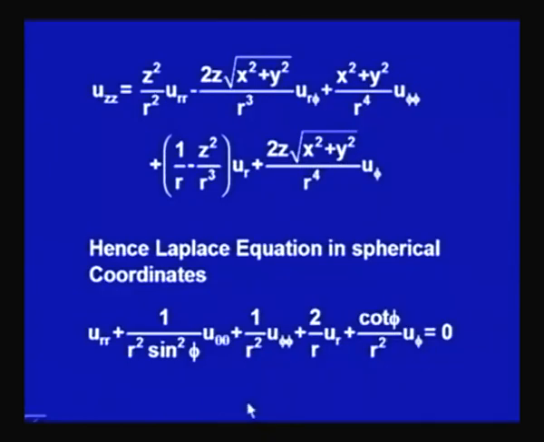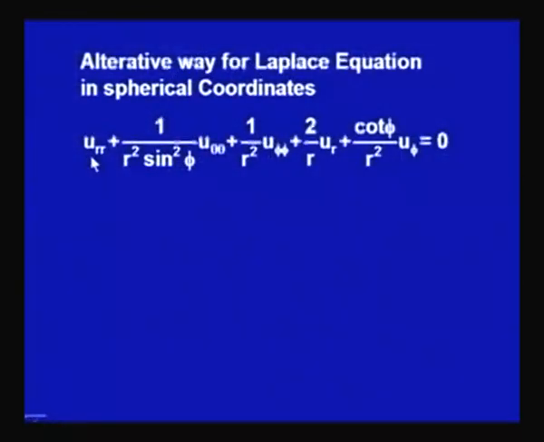Sometimes it is easy to write this differential equation in another manner, which is much easier for solving the equation. What is that alternative form? This is my equation, the Laplace equation in spherical coordinates.